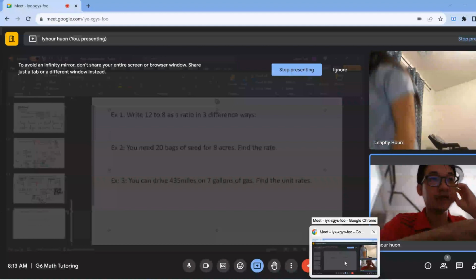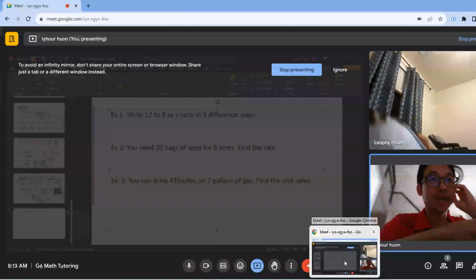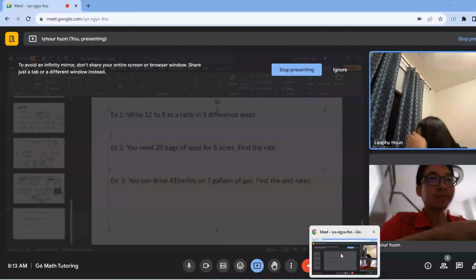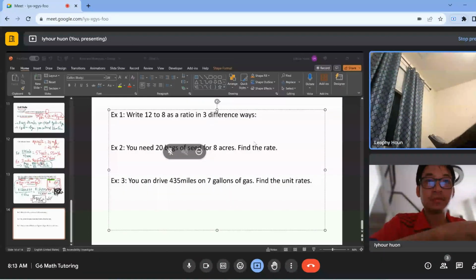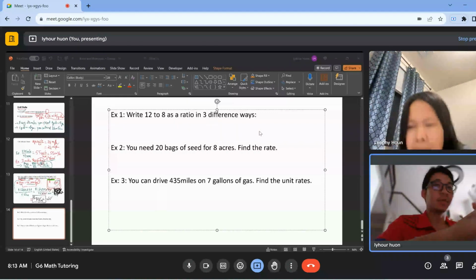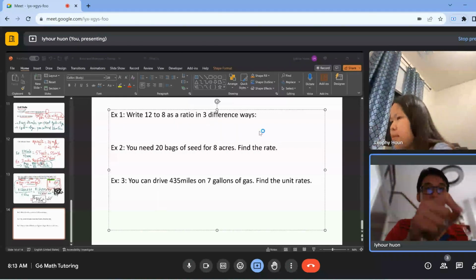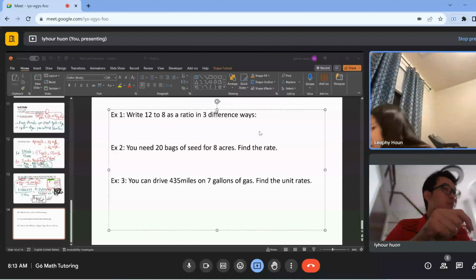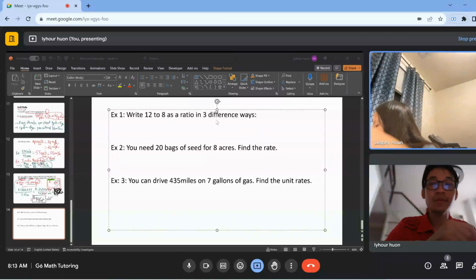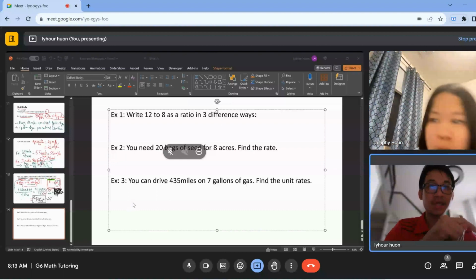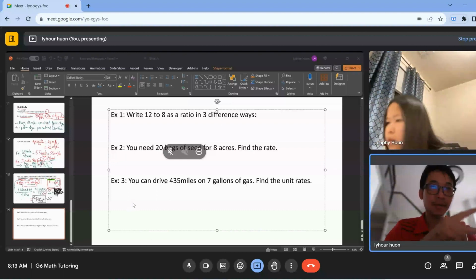Number one, write 12 to 8 as a ratio in three different ways. Number two, you need 20 bags of seed for 8 acres.